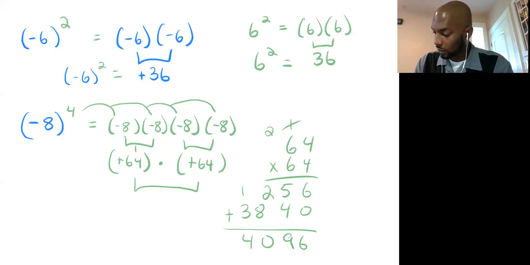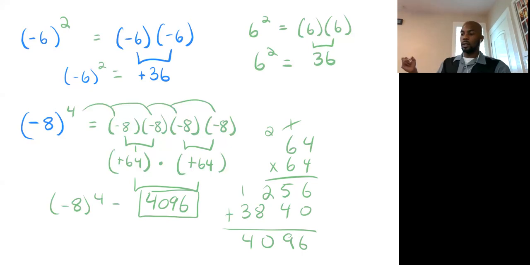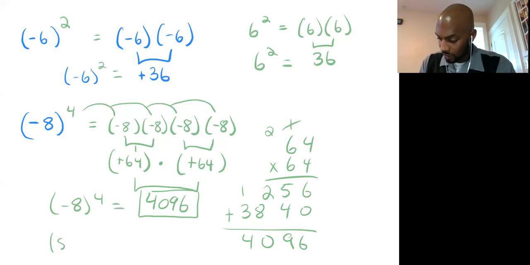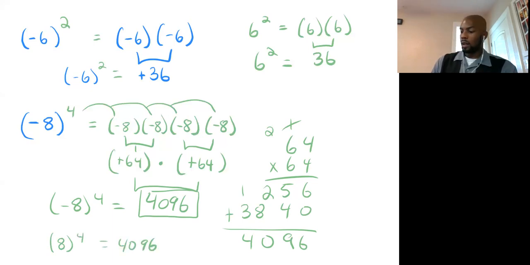There's your final answer. 4,096 is your final answer to negative 8 to the 4th power, which ironically is also going to be the same thing as 8 to the 4th power. As we saw, any number to an even power is the same as its opposite value to the same power.